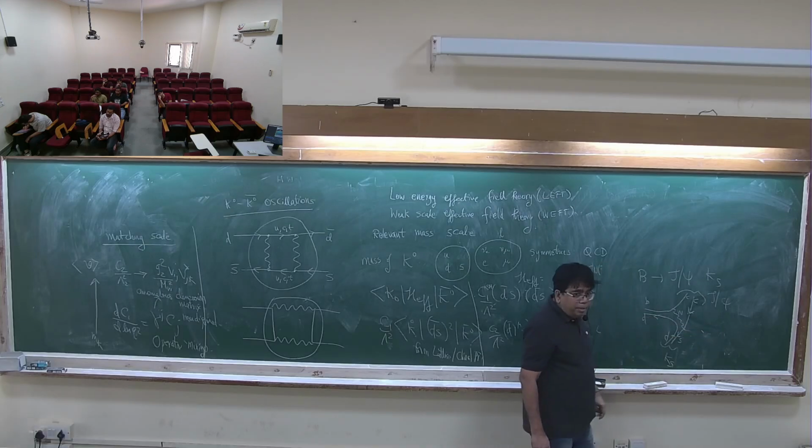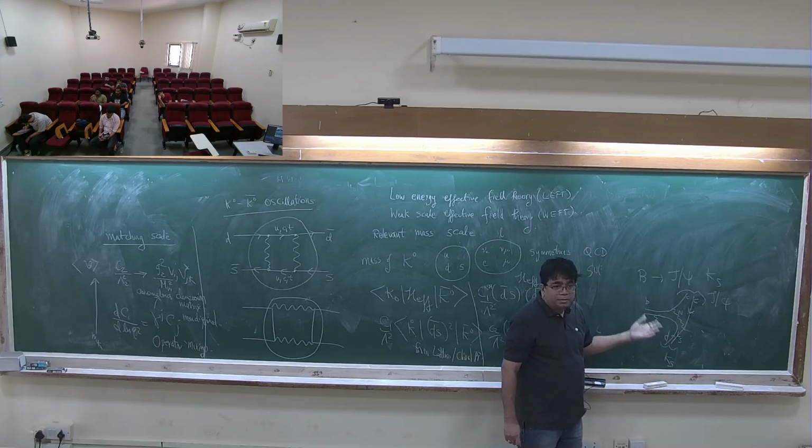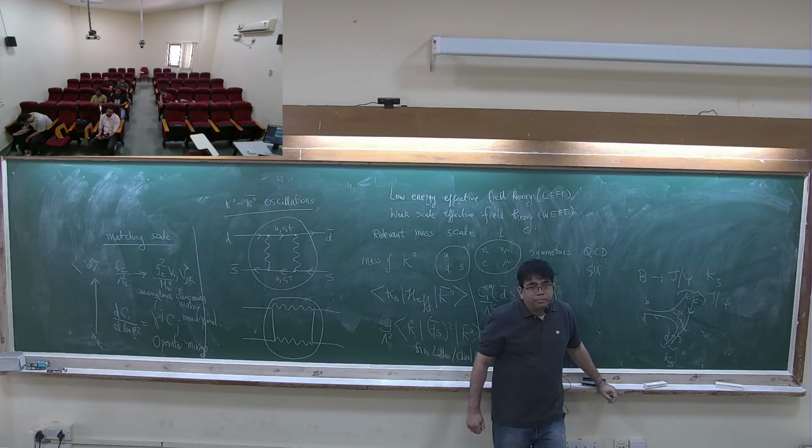Now you write down the operators. What are the degrees of freedom here? So what will be the degrees of freedom? Up to B: B, D, S, C, everything essentially.